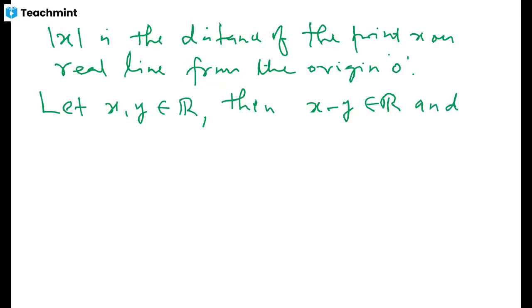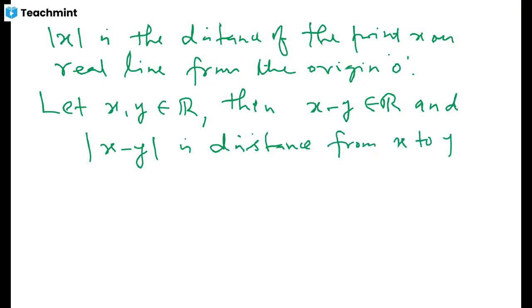The absolute value of x minus y can be viewed as the distance from x to y. You have x here, you have y here, and this distance is denoted by mod of x minus y.